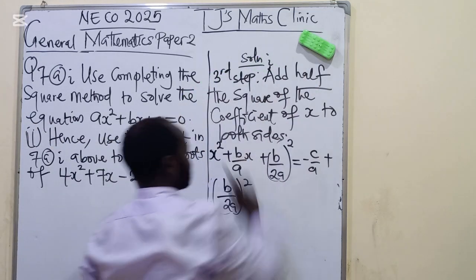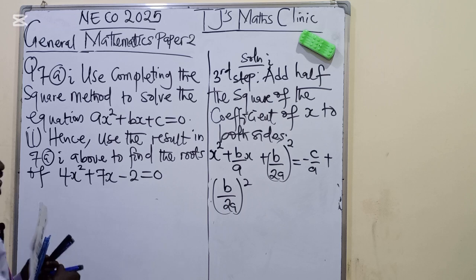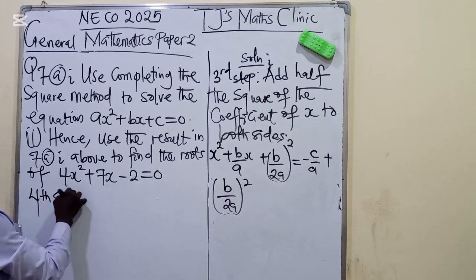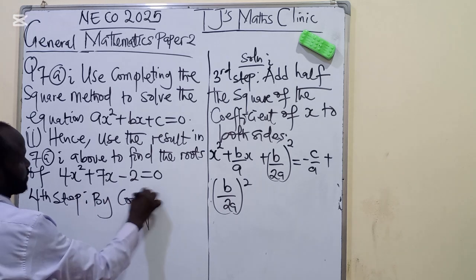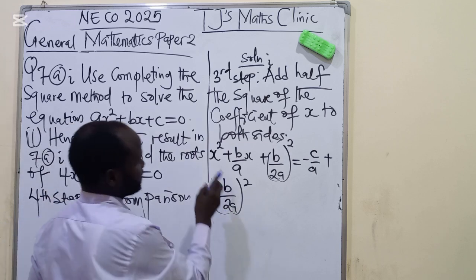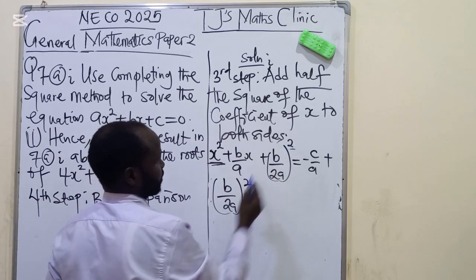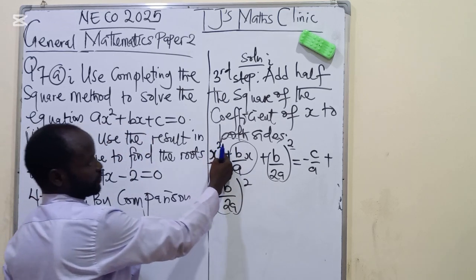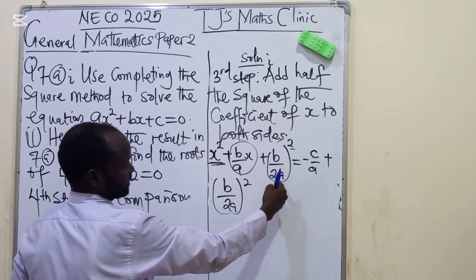Next step, that will be step 4, is by comparing. Step 4, the fourth step now is by what? By comparing. If we decide to compare, what are we going to get? We compare this x squared to this other square here, meaning we don't need the middle now. So since we have square here, we pick x plus b divided by 2a.